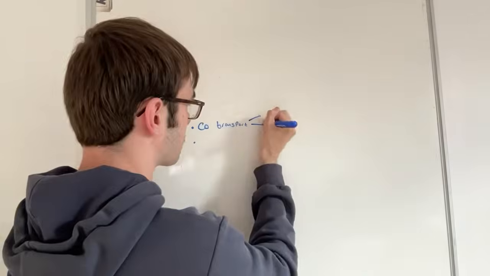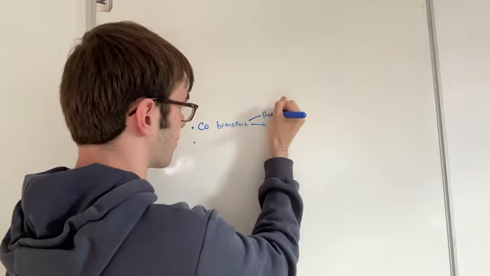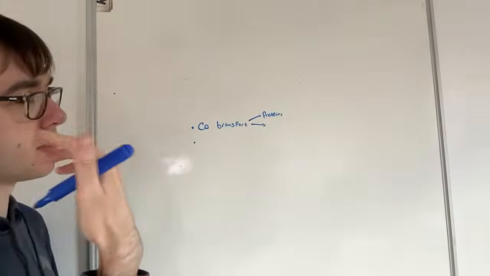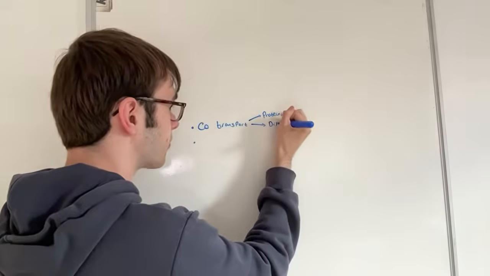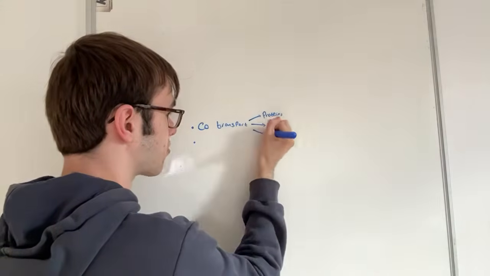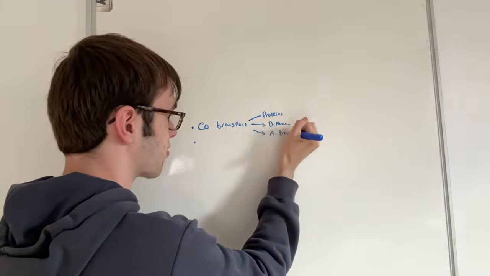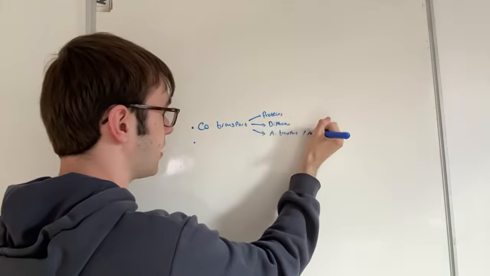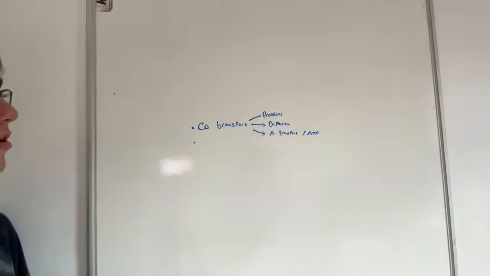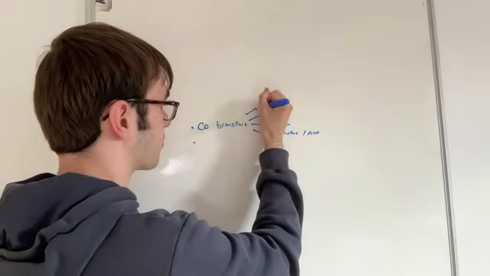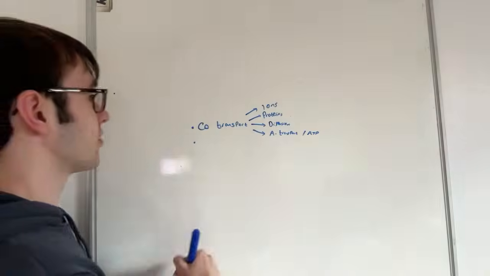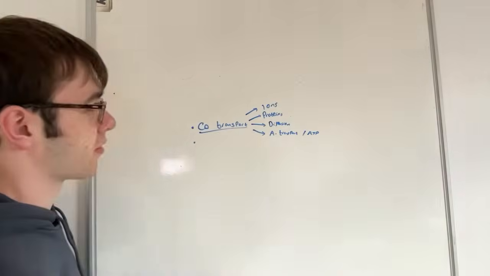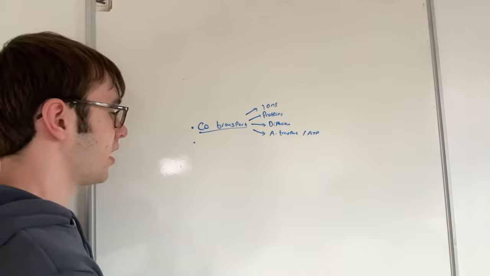You could link co-transport to the role of proteins, talking about the channel and carrier proteins, the role of diffusion. You could talk about active transport or ATP. Co-transport is one that I use all the time. The role of ions. Co-transport is one I always write about, because you can apply it to so much.